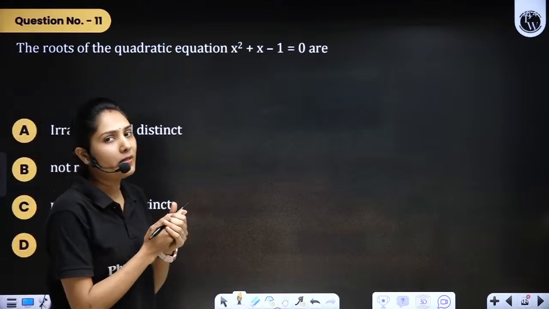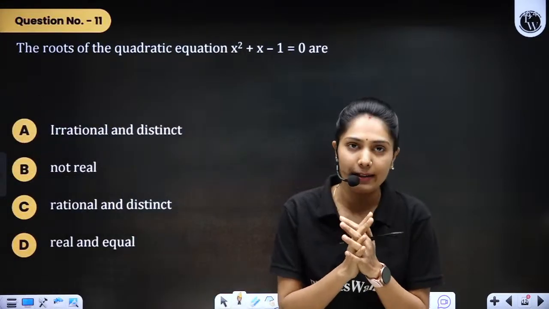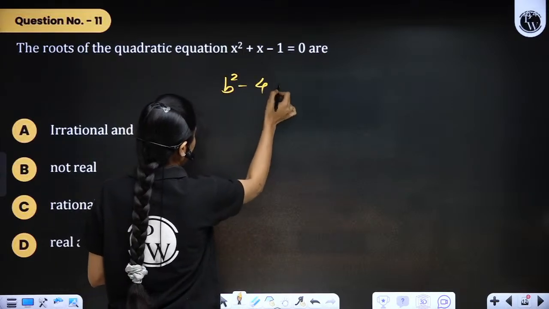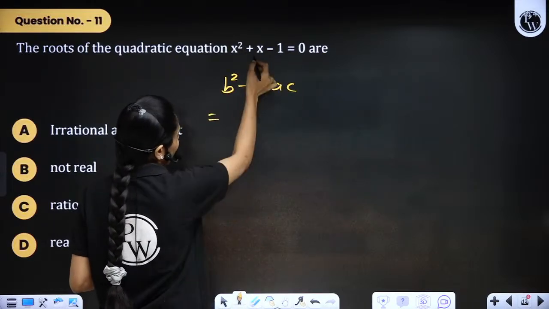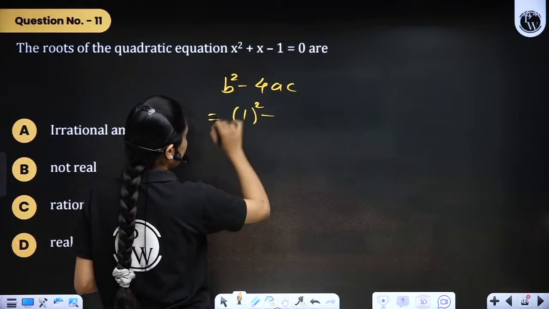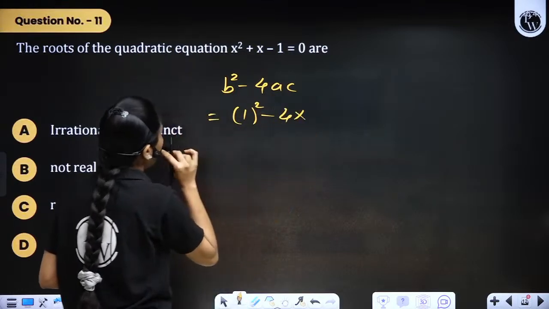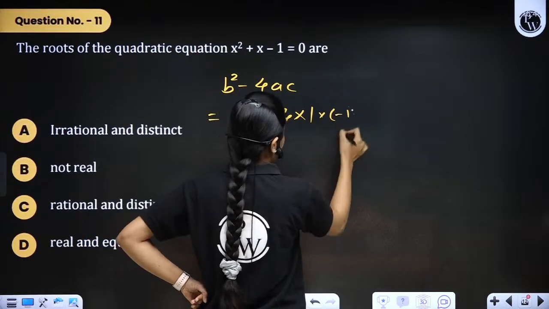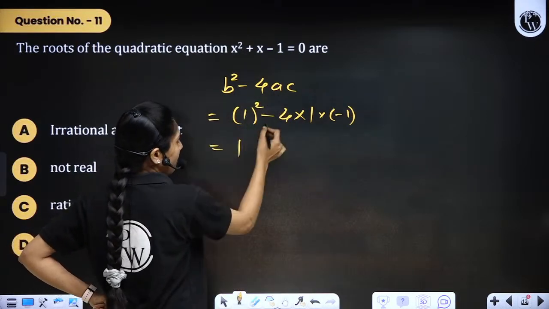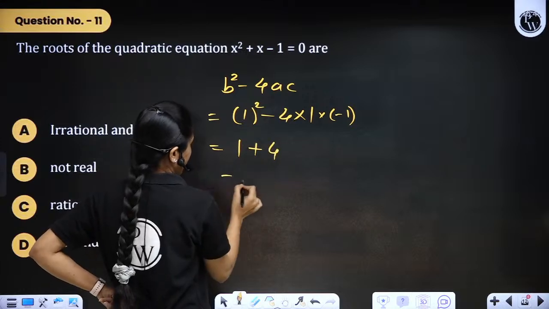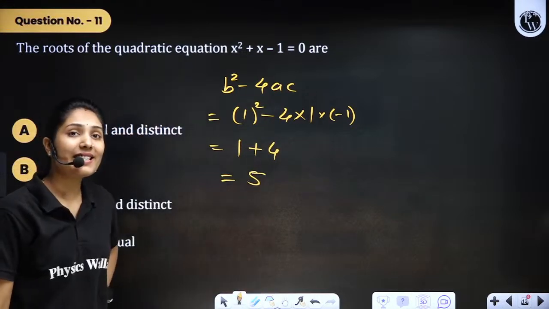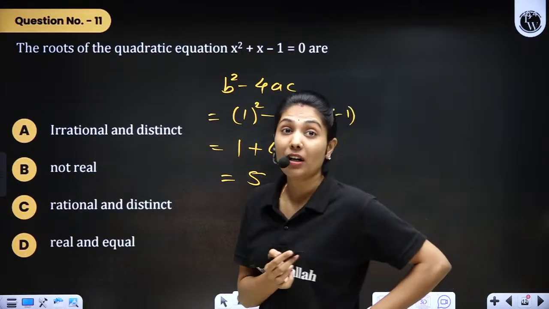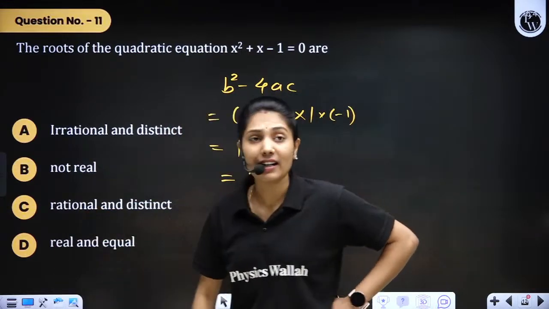So the nature of roots depends on the value of the discriminant. If we talk about the value of the discriminant, it means the value of b square minus 4ac. The value of b is 1, minus 4 into the value of a, which is 1, and the value of c is minus 1. So it's 1 minus minus, plus 4. So it is 5. And since the discriminant is not a perfect square, how can you say that they are rational?